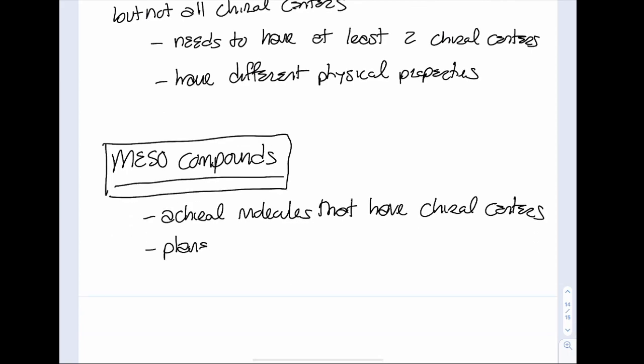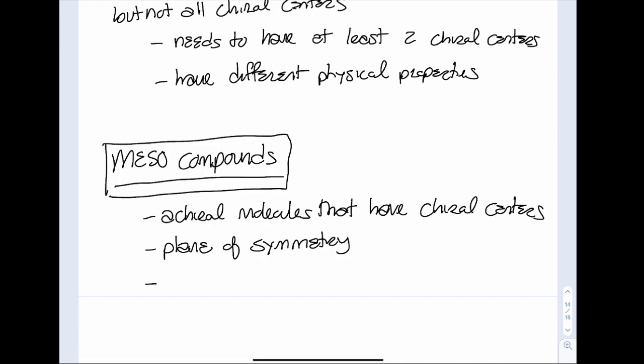Because they're achiral, they're going to have that plane of symmetry. Remember, anytime something's achiral, it has a plane of symmetry. So you can draw a line somewhere through the molecule itself where it reflects back at itself. So it has a plane of symmetry.